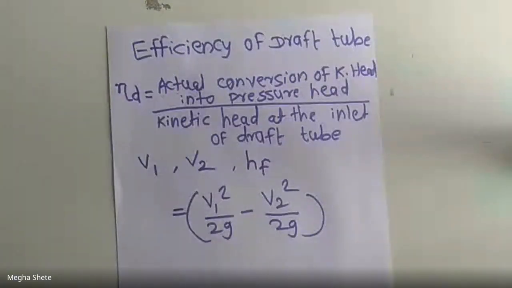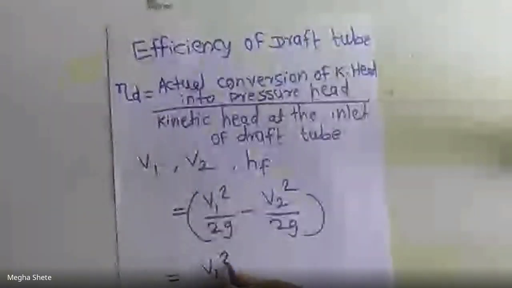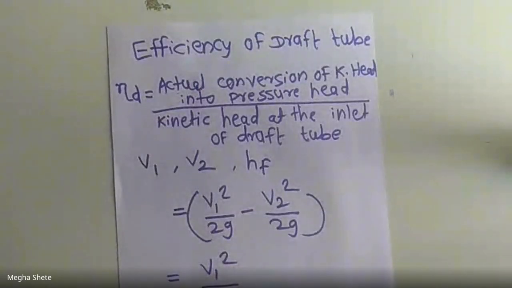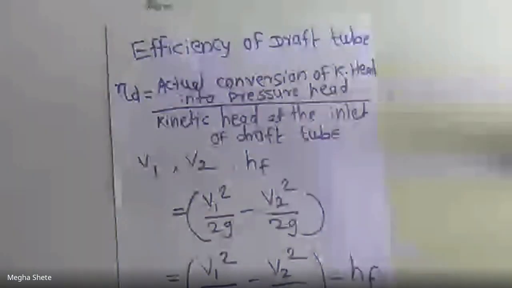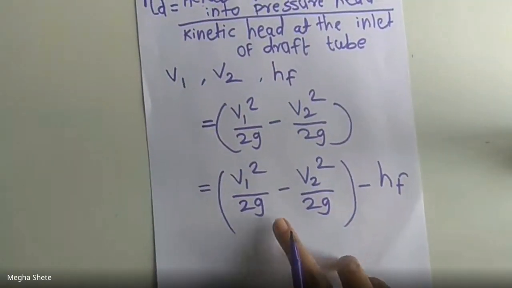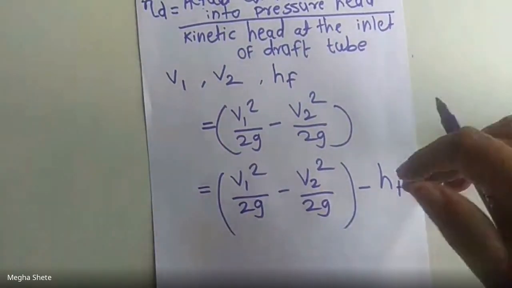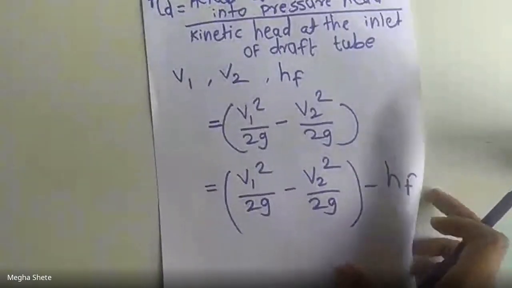Now, what is the actual conversion of kinetic head into pressure head? That is V1 square divided by 2G minus V2 square divided by 2G minus HF. This is the actual conversion of kinetic head into pressure head.